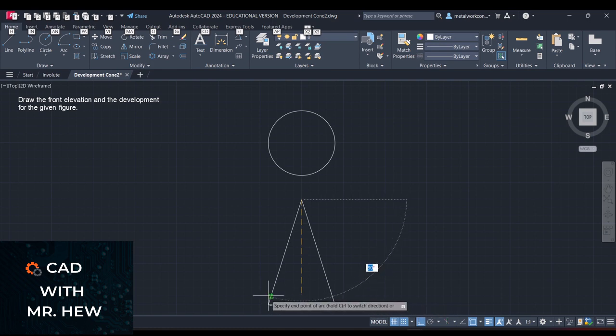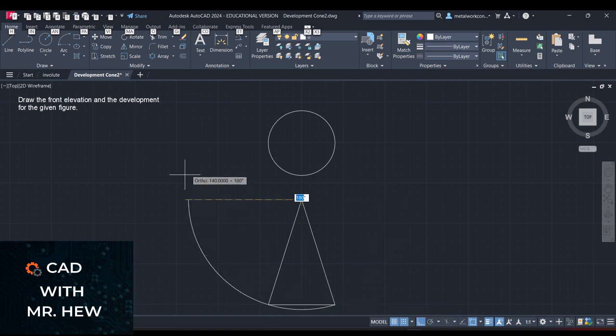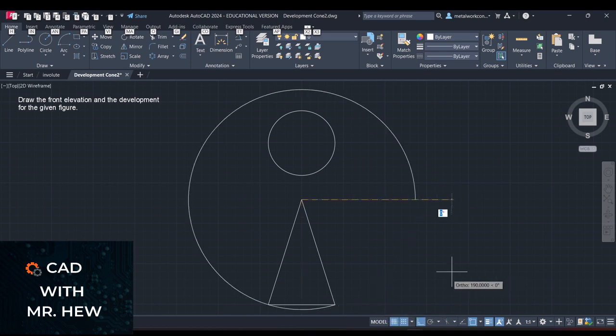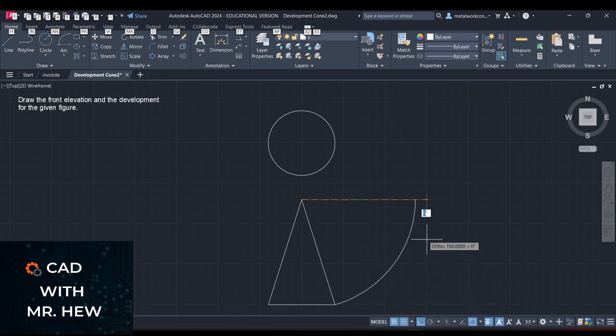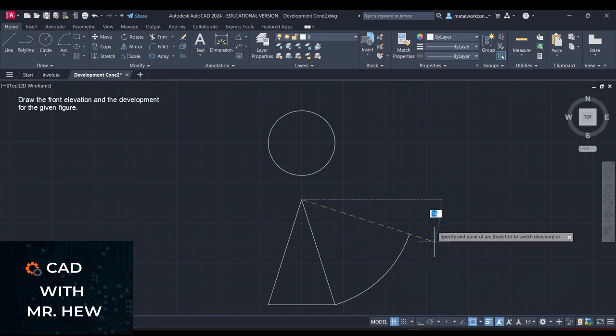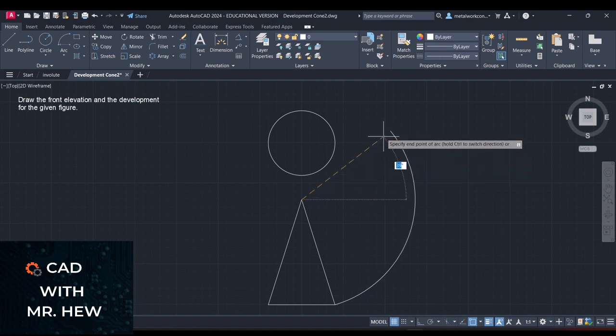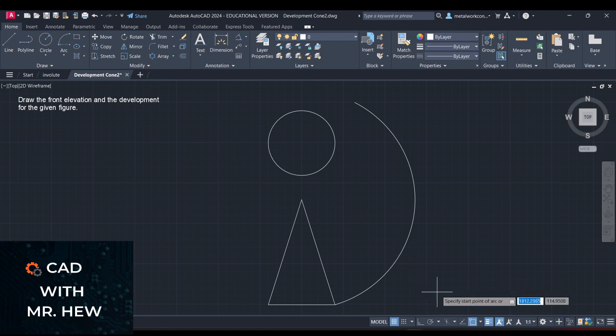All right, so we're going to go all the way up. So that's the first step.